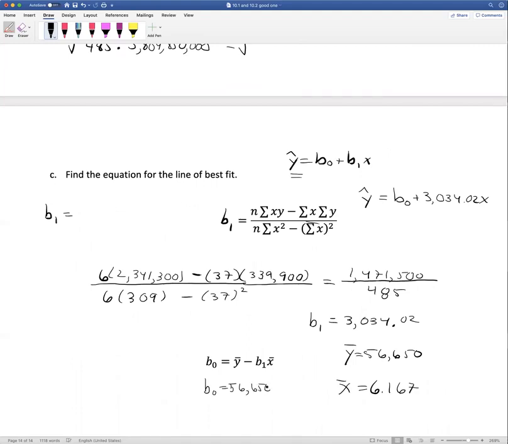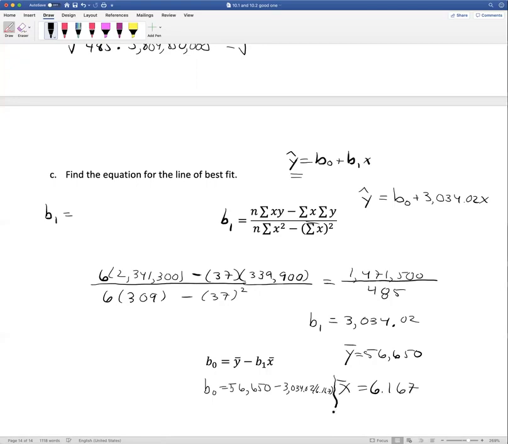So the formula to figure out what the y-intercept is, it's equal to y hat, which is 56,650, minus B1, and we figured out what B1 was right over here. It's 3,034.02 times x hat, and here's x hat, 6.167, so times 6.167.